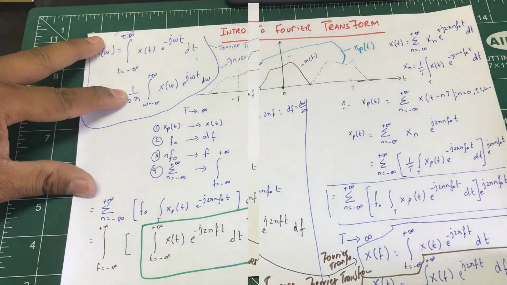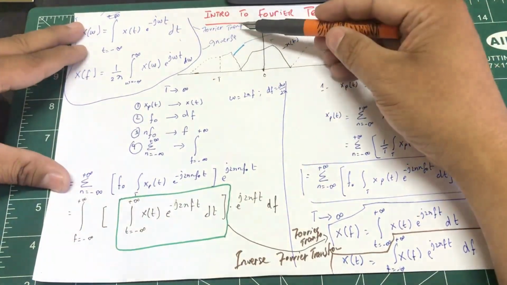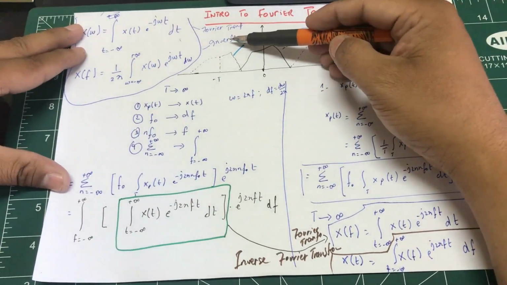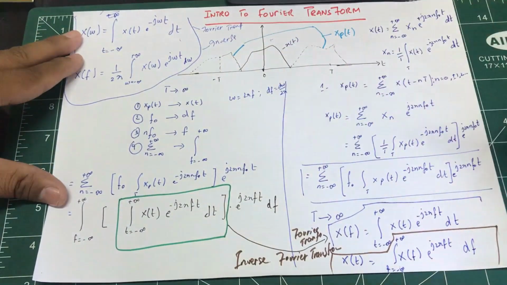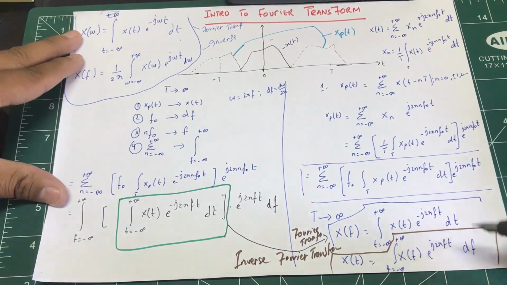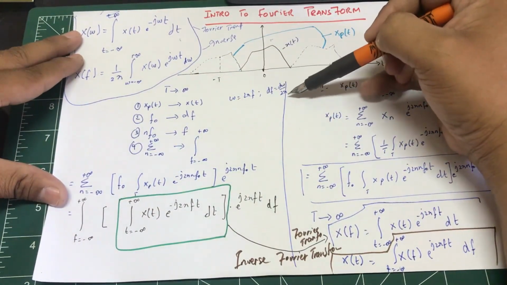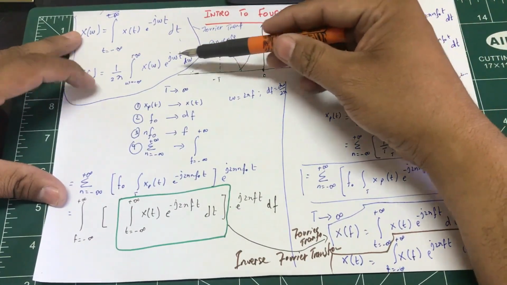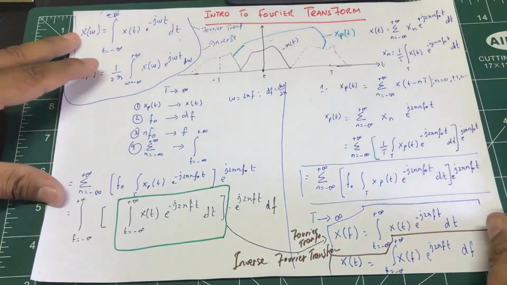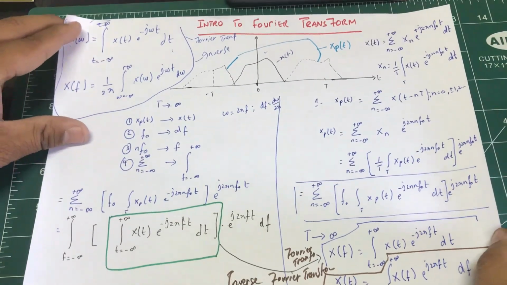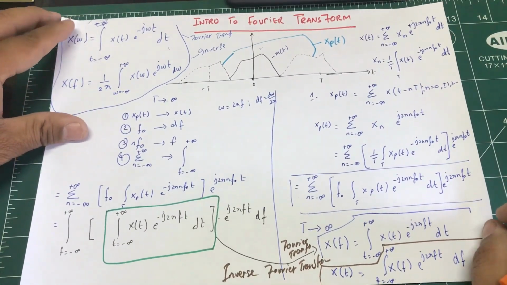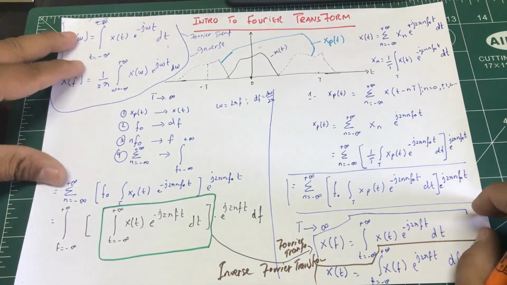This is the definition of the Fourier transform in the omega domain. This is the inverse Fourier transform, and this df is being replaced because here we have d omega, and d omega divided by 2 pi would give me df. That's why I have 1 over 2 pi outside. So this is how you derive the equations of the Fourier transform using the Fourier series, making it a periodic extension of a signal.